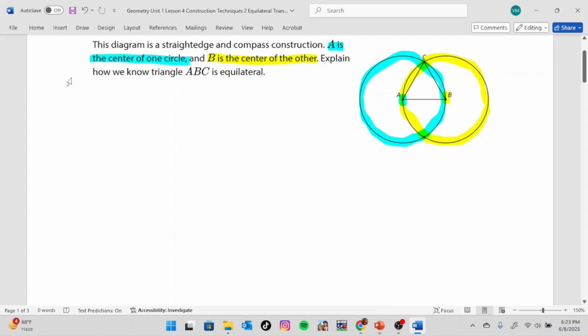So as we look at this, let's begin with the circle that has A at the center. We can see that line segment AC is a radius. We can also see that line segment AB is a radius.